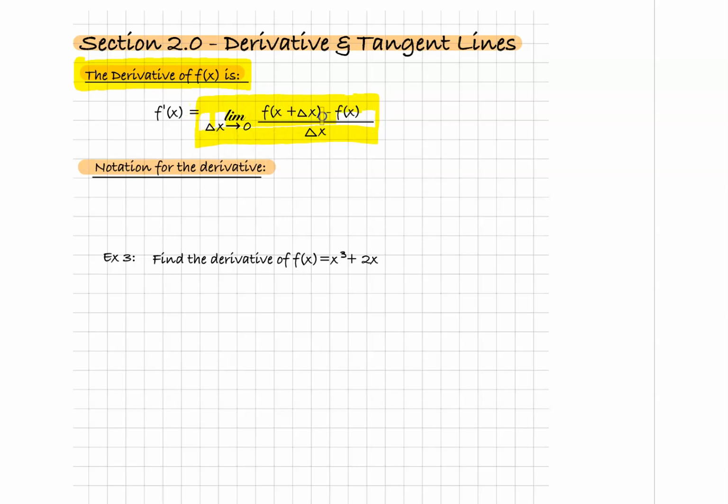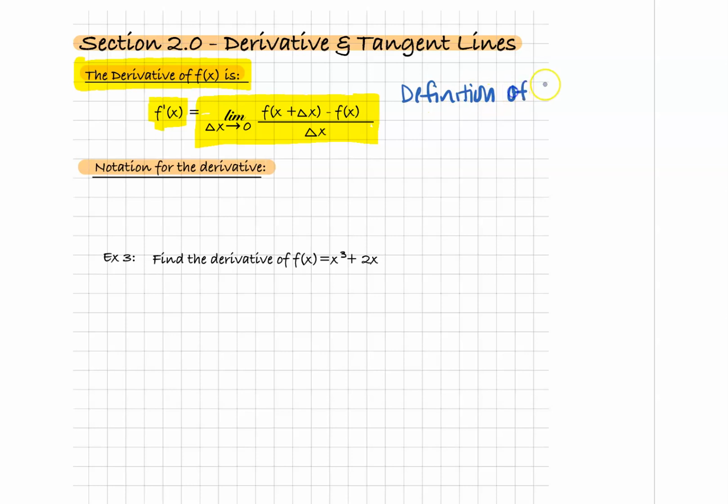This being able to find the slope at a point, not between 2 points, is your derivative. And so it adds in for us a new notation. We say f prime of x is equal to the limit as delta x goes to 0 of f of x plus delta x minus f of x all over delta x. And this is the definition of derivative.